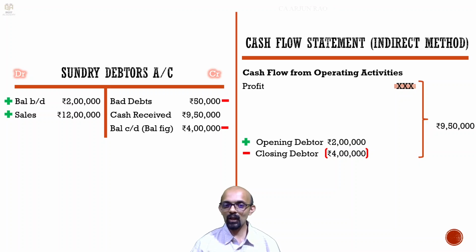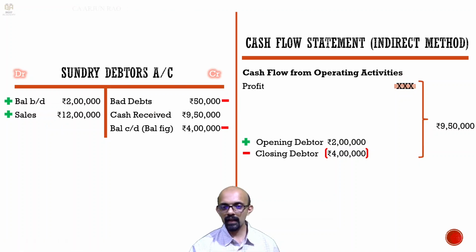No, we are not going to remove bad debts because it's a non-cash expense. That's not the way to understand cash flow statements. The point is, we are writing 9,50,000 indirectly, and in order to do that, we need to write all the other items in some place in the cash flow statement. So balances are written separately and the incomes and expenses are included in this figure of profit.